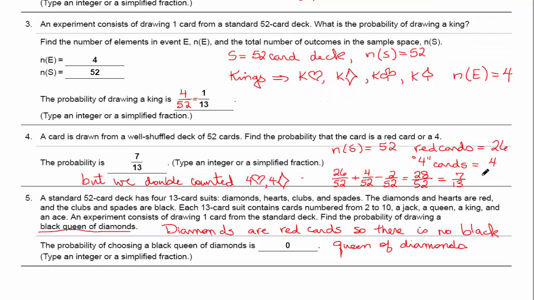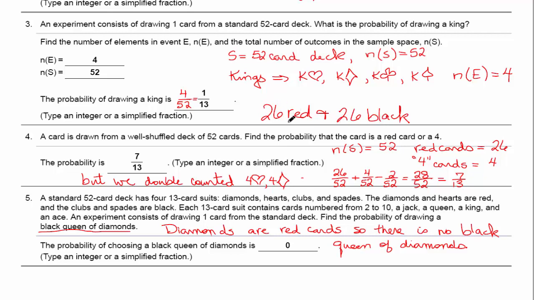Now in question 3, we have a standard 52 card deck of playing cards. If you're not familiar with playing cards, you can Google and get a picture of these 52 cards. A brief introduction. You're going to have 26 red cards and 26 black cards, because it adds up to give me 52.